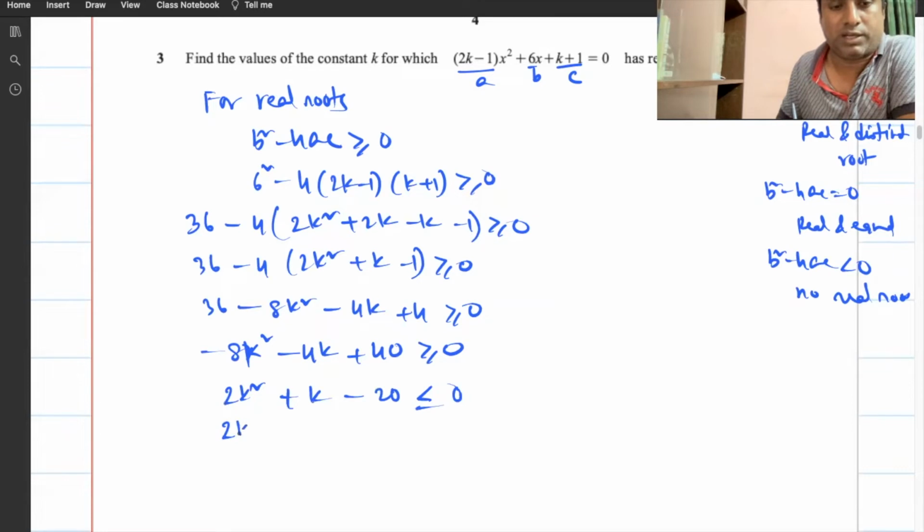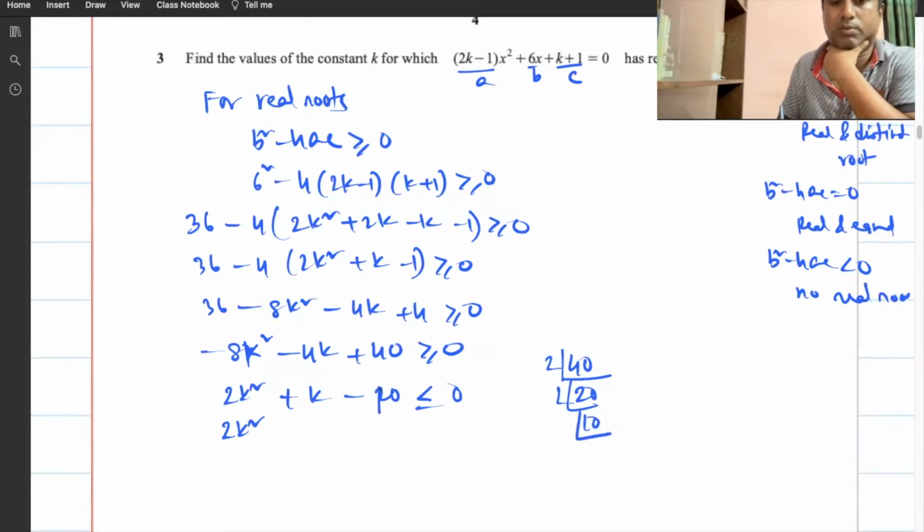Now, if we factorize this, the product is minus 20.